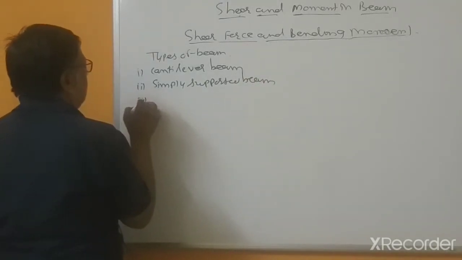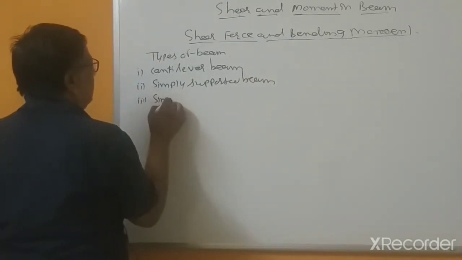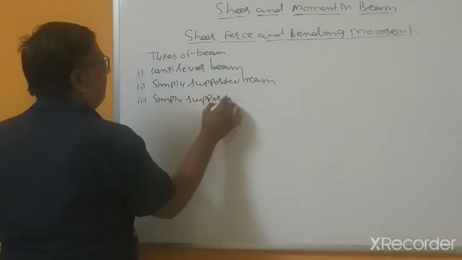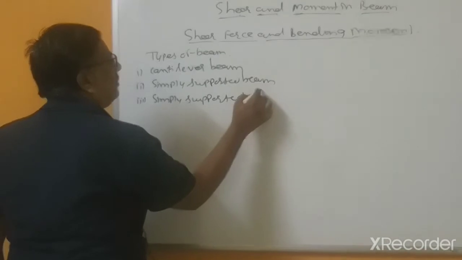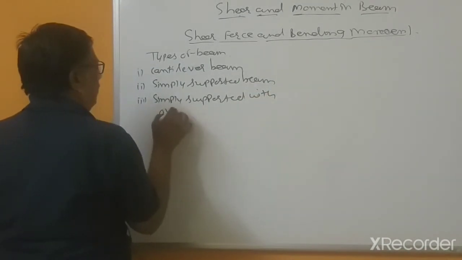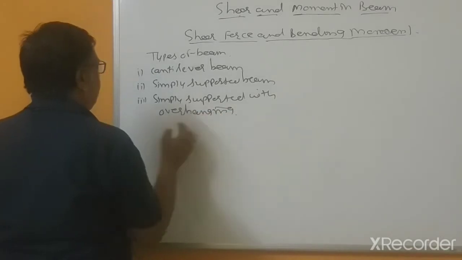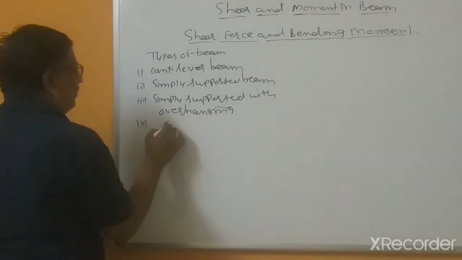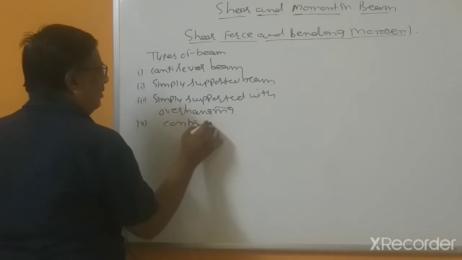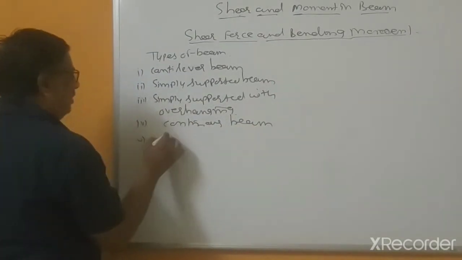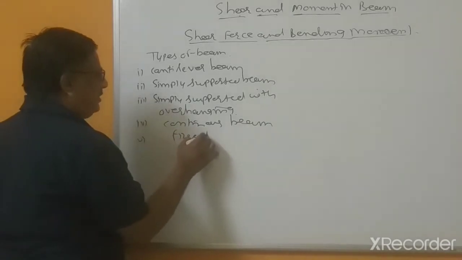Third is simply supported with overhanging. Fourth is the continuous beam, and fifth is the fixed beam.